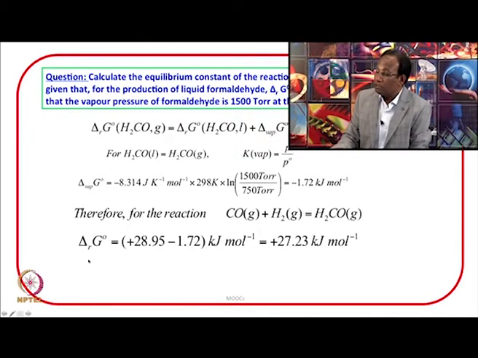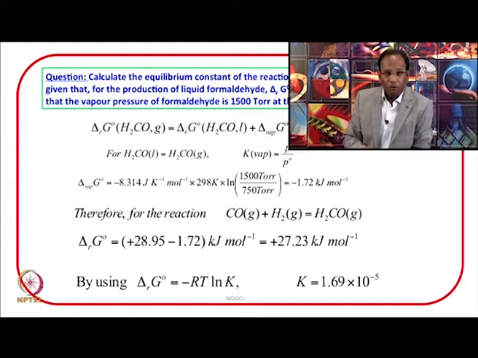Thus, the overall reaction Gibbs energy for the asked reaction turns out to be plus 27.23 kilojoules per mole. And once I know the standard reaction Gibbs energy, I can immediately calculate the value of equilibrium constant by substituting into delta R G naught is equal to minus RT log K. And K turns out to be 1.69 into 10 raised to the power minus 5.